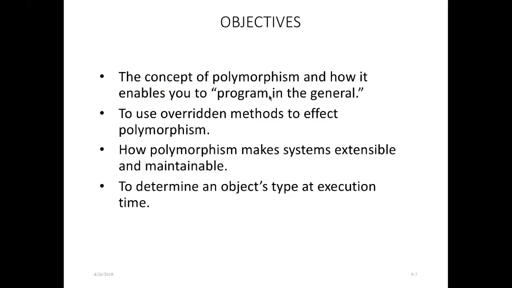In object-oriented programming, polymorphism is implemented in two ways: method overloading and method overriding.